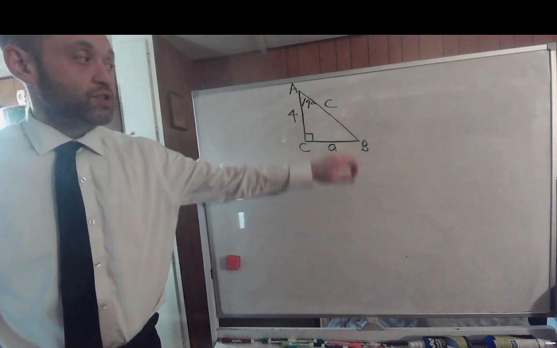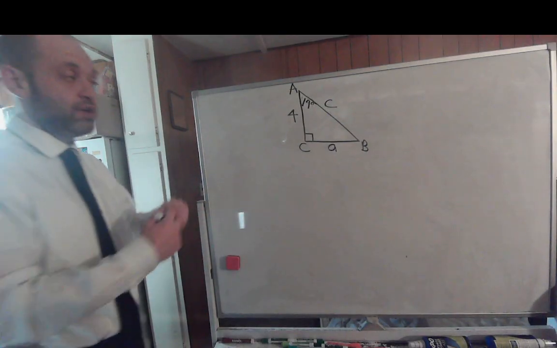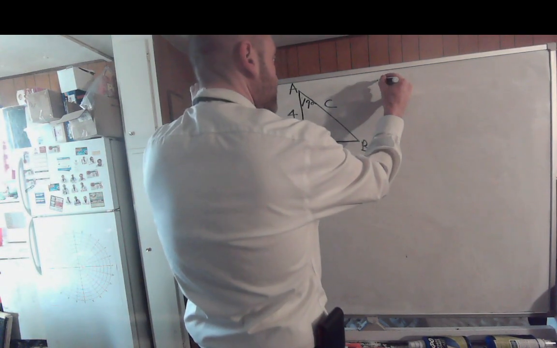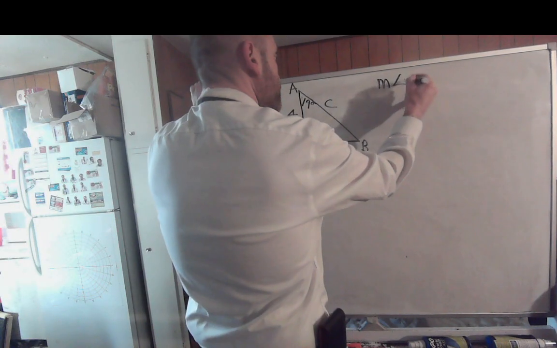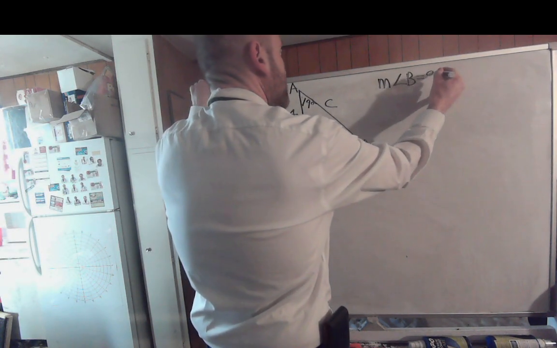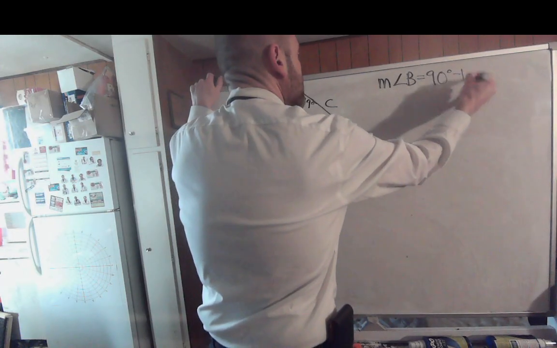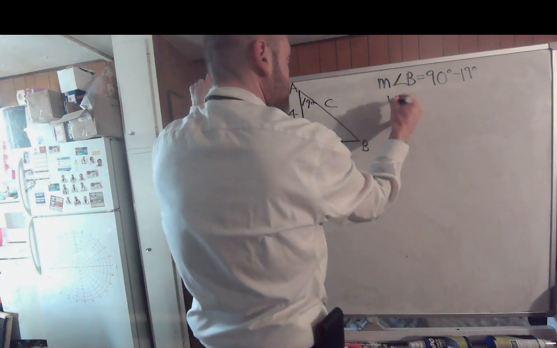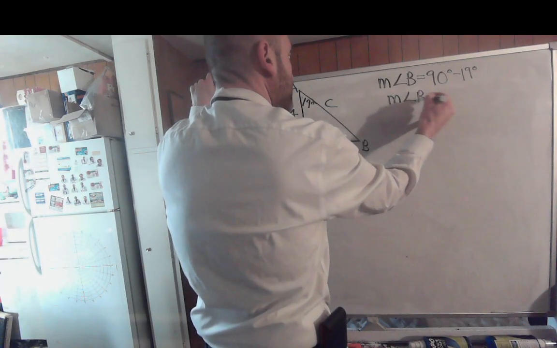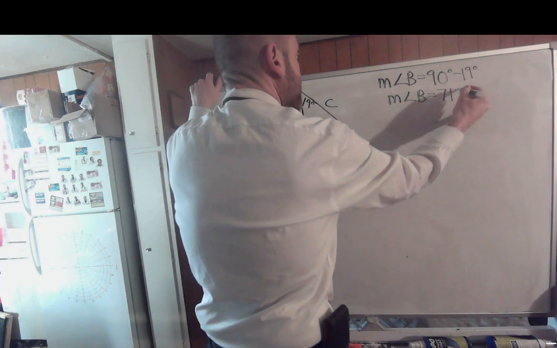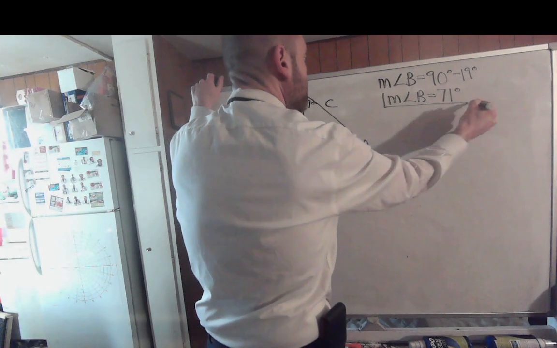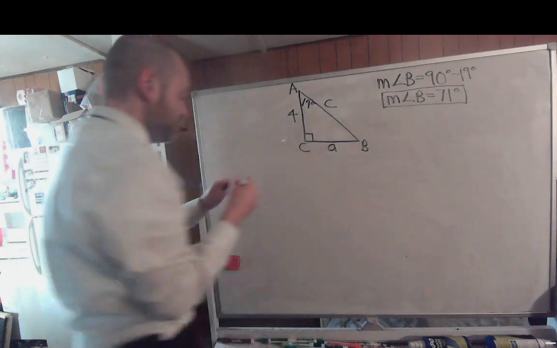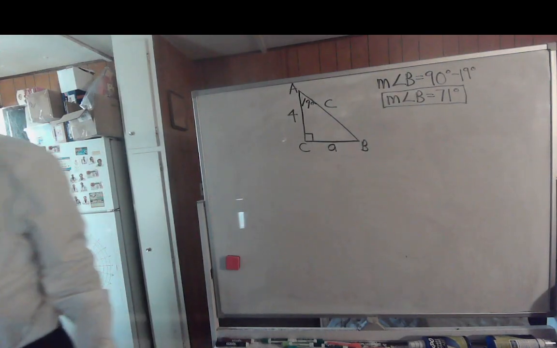We don't know the other two sides or angle B, but for angle B, all we got to do is take 19 from 90. So the measure of angle B equals 90 degrees minus 19 degrees, which has to mean that the measure of angle B is going to equal 71 degrees. So we found the measure of angle B.